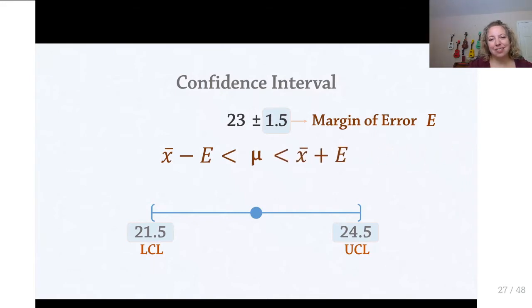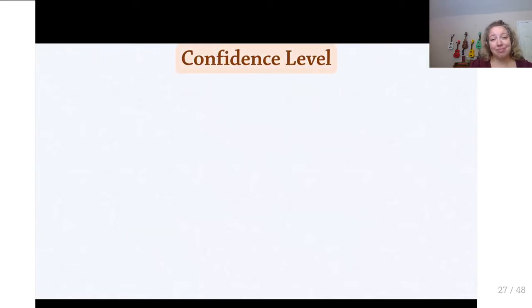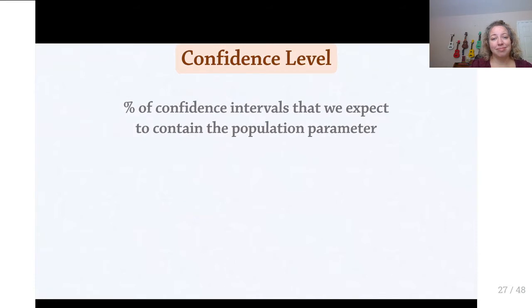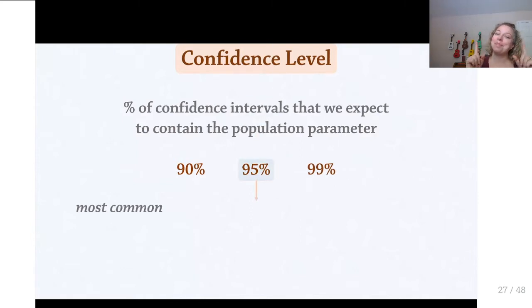The margin of error is calculated based on a confidence level. The confidence level basically refers to the percent of confidence intervals from many samples that we expect to contain the true population parameter. Confidence levels of 90%, 95%, and 99% are often used, but 95% is the most commonly used confidence level.